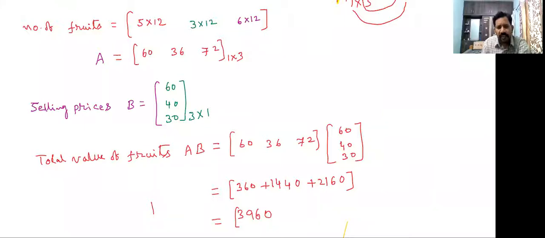Sorry, here 60 into 60 is 3600. One more zero I want to write. Now tell me the total value, students. I think 7200. This is the total value of the fruits.